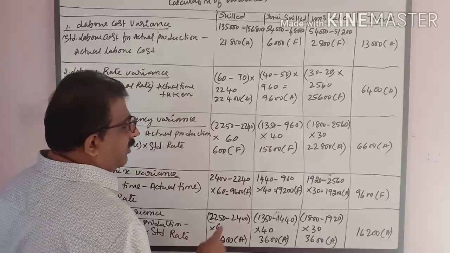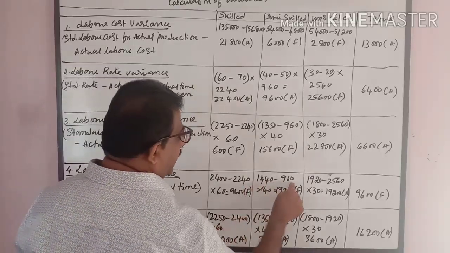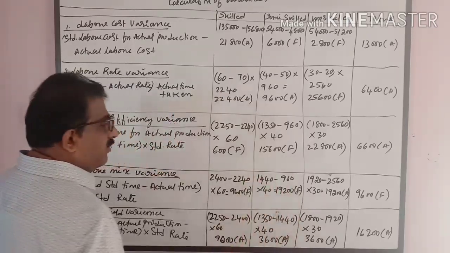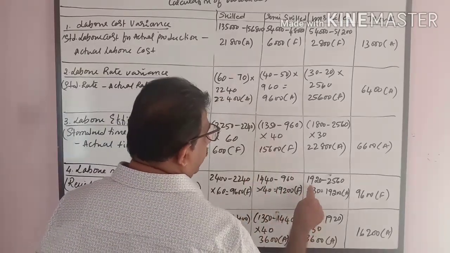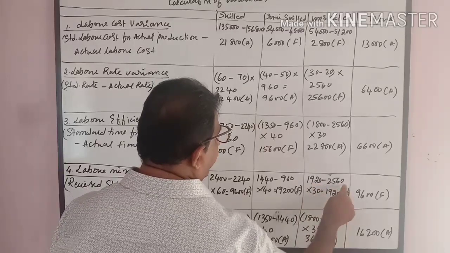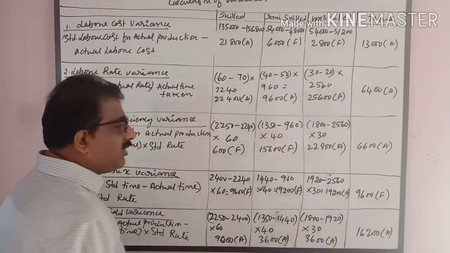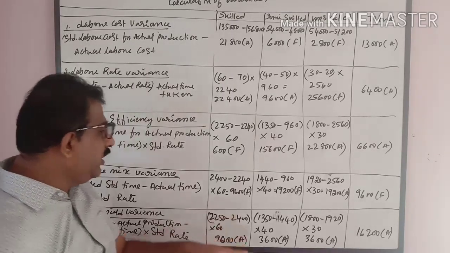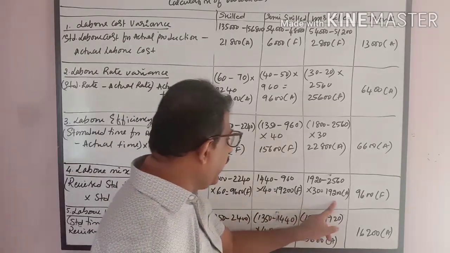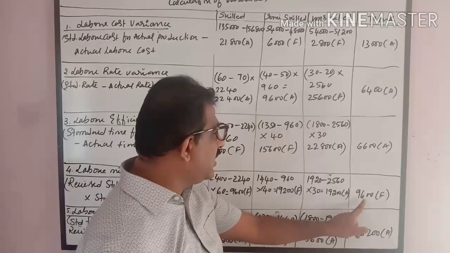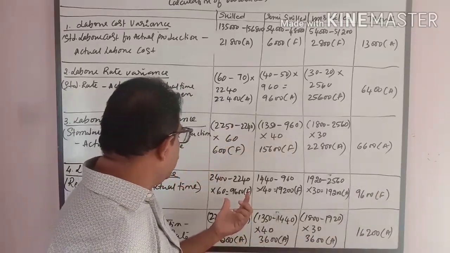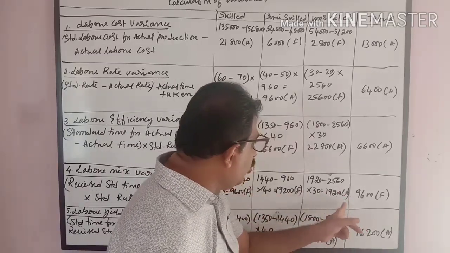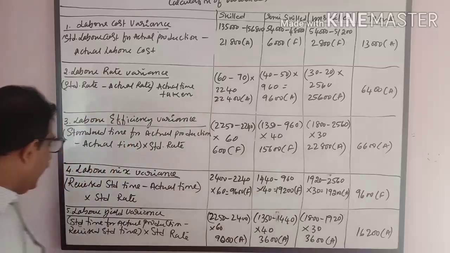For semi-skilled laborers, 1,440 minus 960 into 40 is 19,200 favorable. For unskilled laborers, 1920 minus 2560 into 30 comes to 19,200 adverse. For the total, add the favorable and deduct the adverse: 9,600 plus 19,200 minus 19,200, and we get 9,600 favorable.